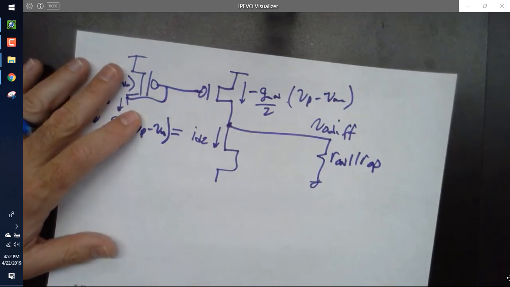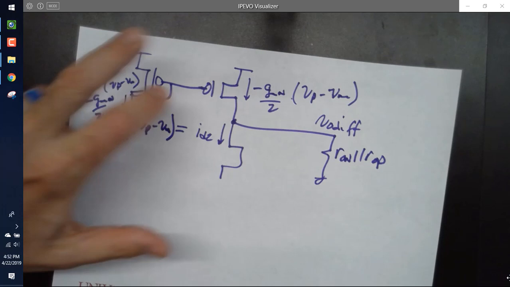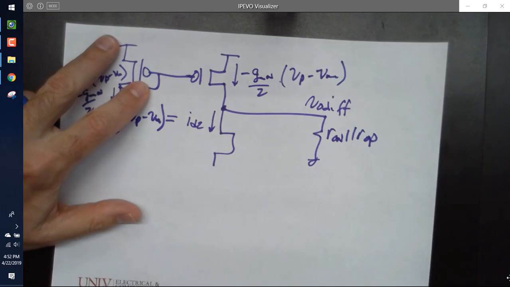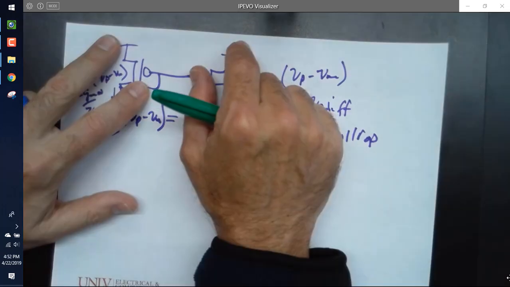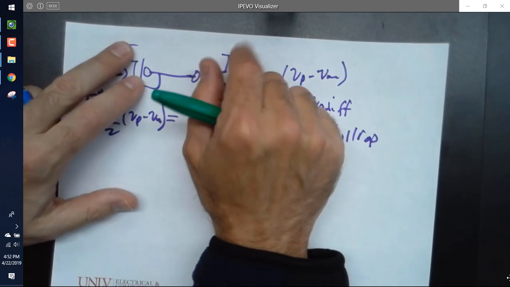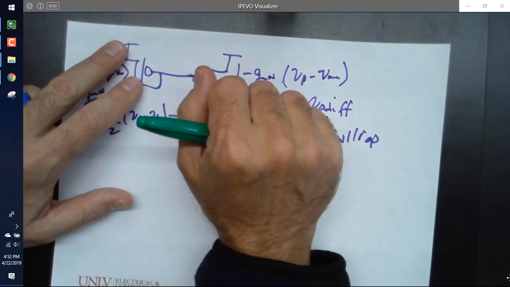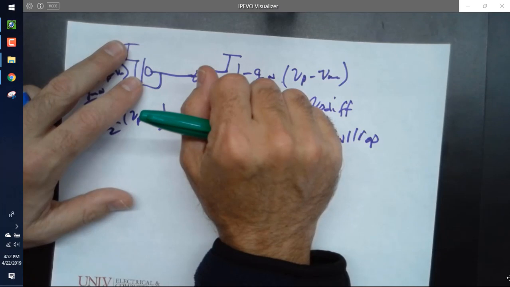Because it's a current mirror and they subtract out. Whatever current here is the same as there. So if the temperature changes and the threshold voltage changes, or the process changes, the threshold voltage changes, it's mirrored and it subtracts out. That's why a current mirror's good.